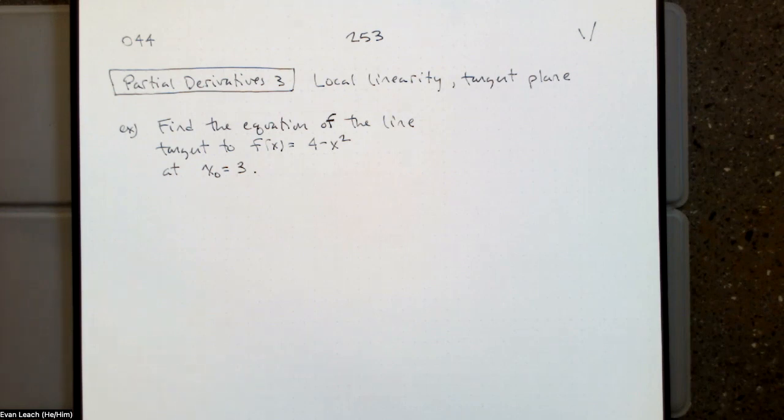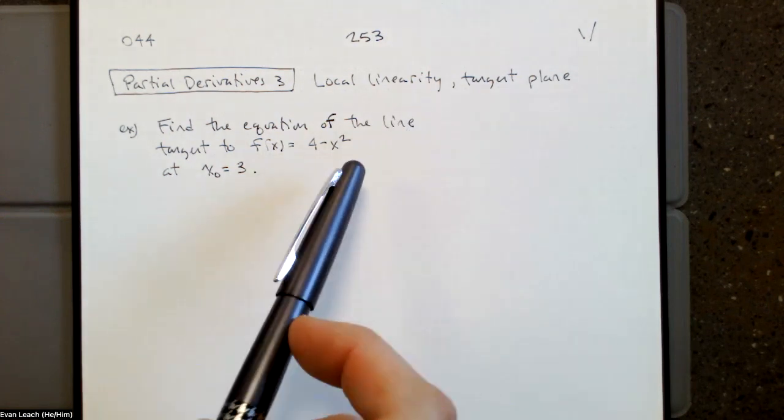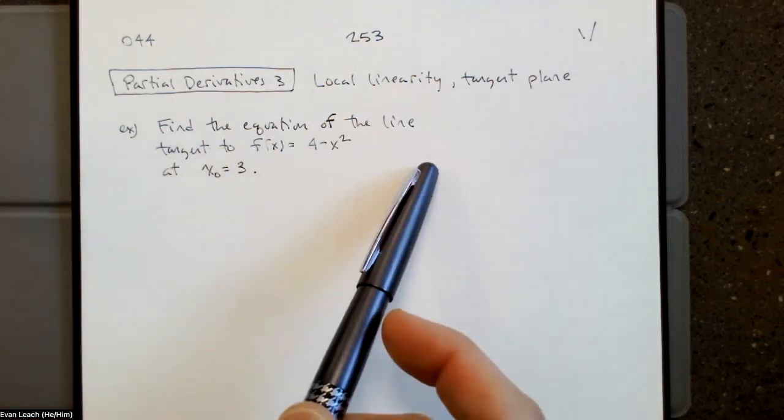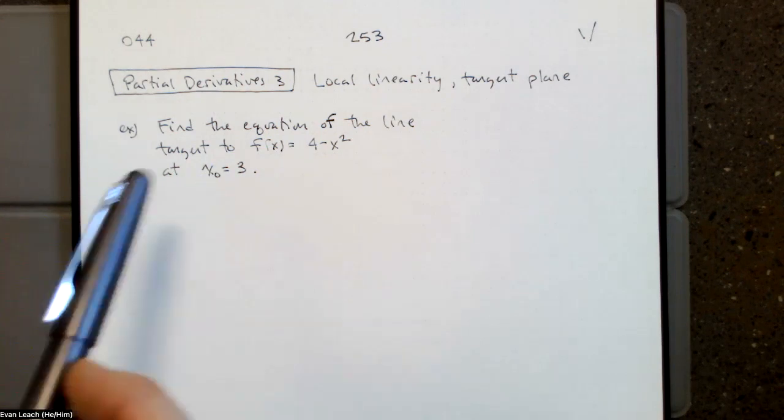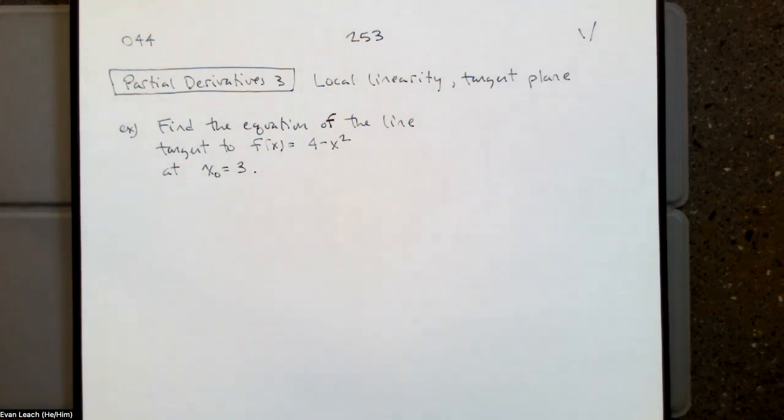So one of the things that we want to do with derivatives is find the equation of a tangent. So find the equation of a line tangent to the curve at a given point. And we're finding the equation of a line, which means we need two things. We need a point and a slope.